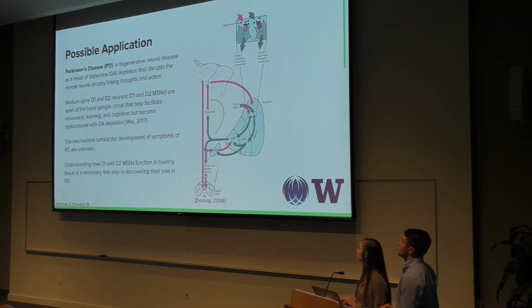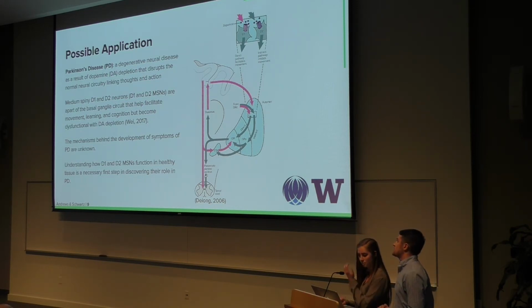And studying D1 and D2 medium spiny neurons is important for us when trying to understand Parkinson's disease, which is a degenerative neural disease that disrupts the normal neural circuitry, linking thoughts and actions, often causing tremors and difficulties in movements. And this affects around 10 million people in the world today, and over 60,000 Americans are diagnosed with this disease every single year.